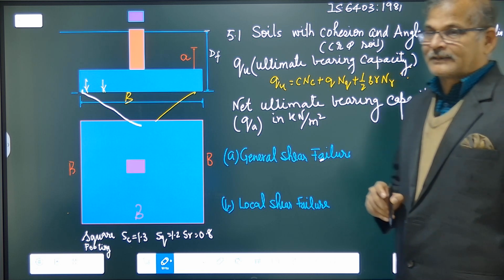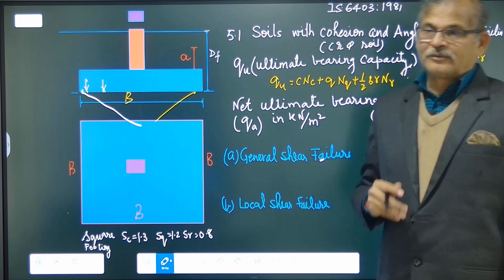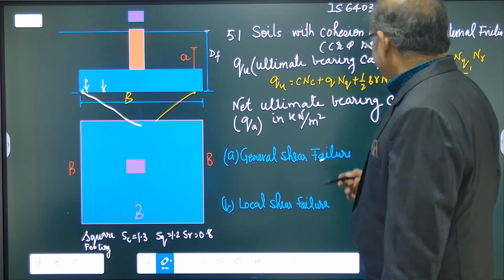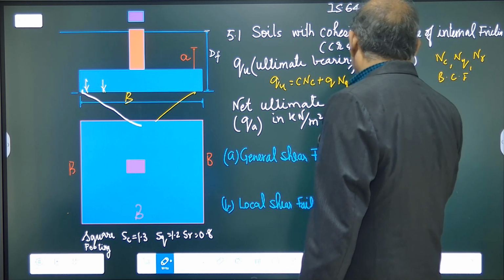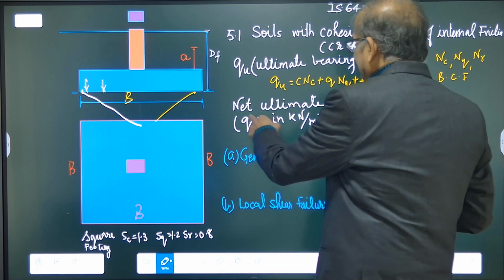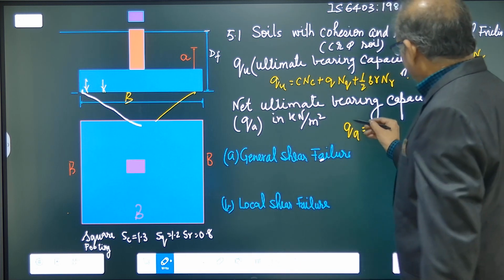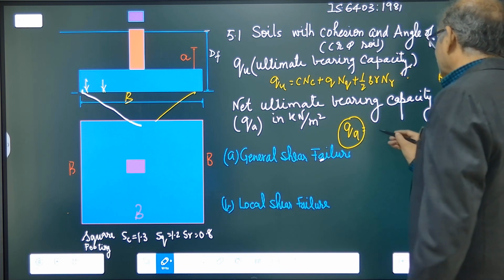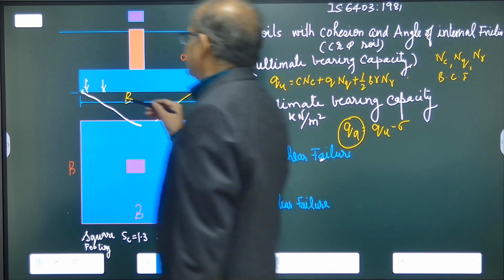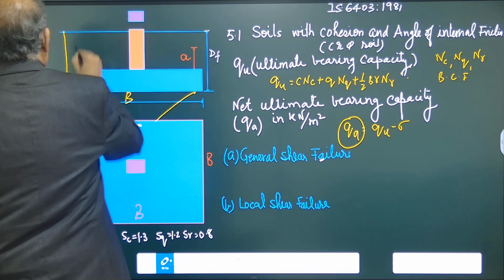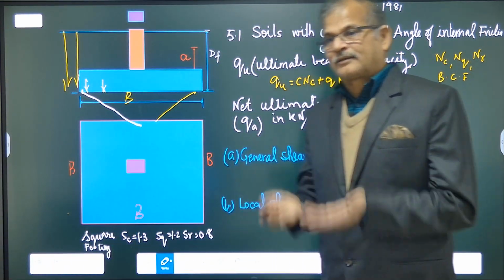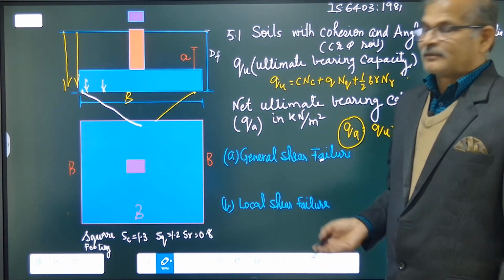Now net ultimate bearing capacity we find out to apply the factor of safety. So if we say net ultimate bearing capacity, symbol is Qa, then Qu minus sigma, means we do not consider the surcharge weight coming from the soil at the base of the footing.